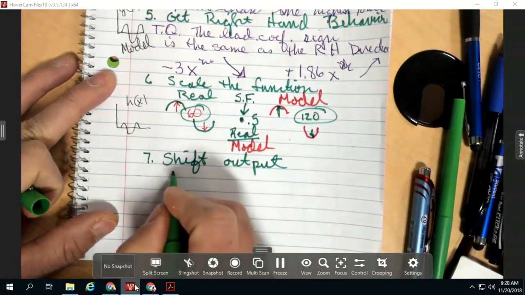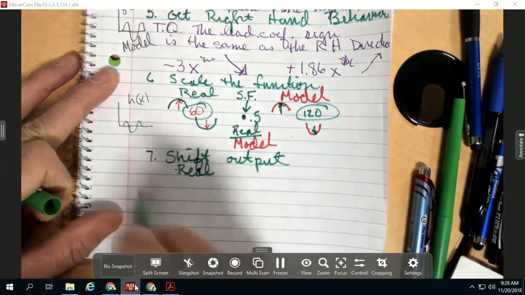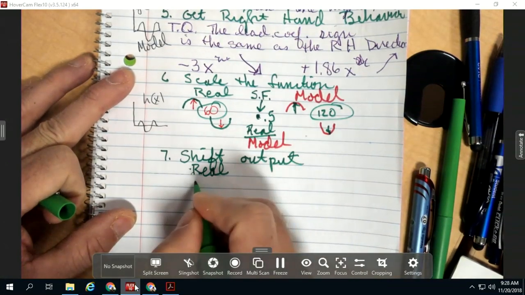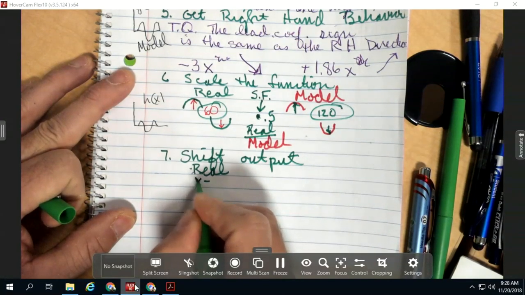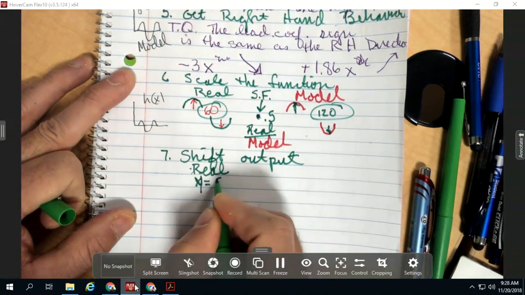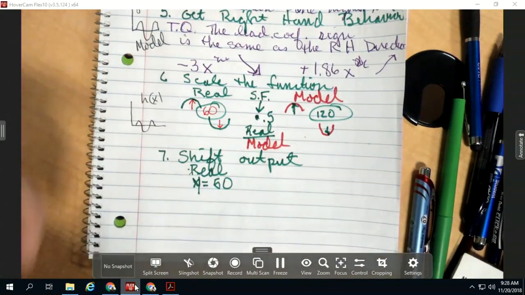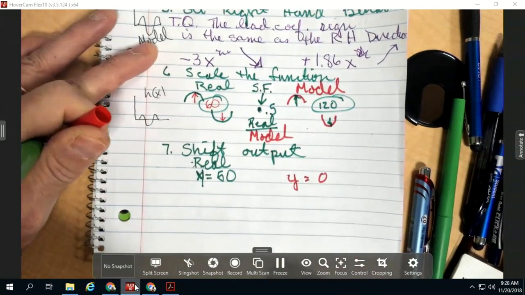In this case, we want the real. Those dots that we had at the beginning were not at 0. y wasn't at 0, y was at 50. Where our model, y was at 0, correct?